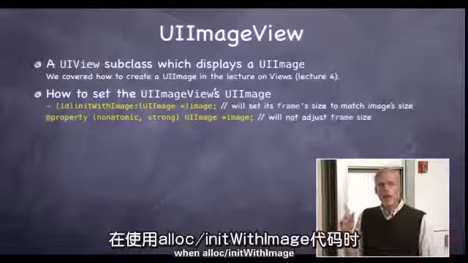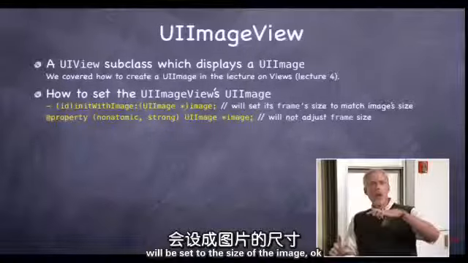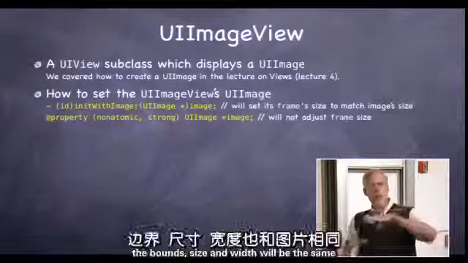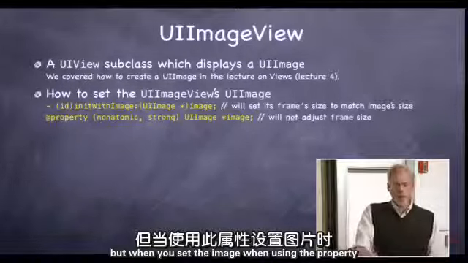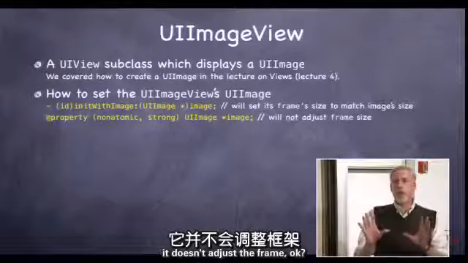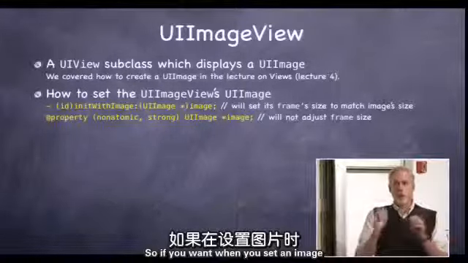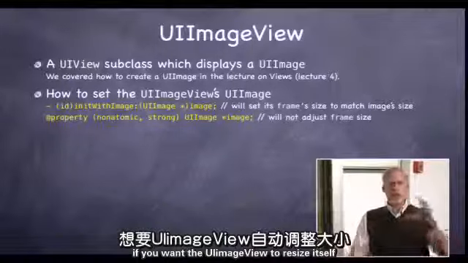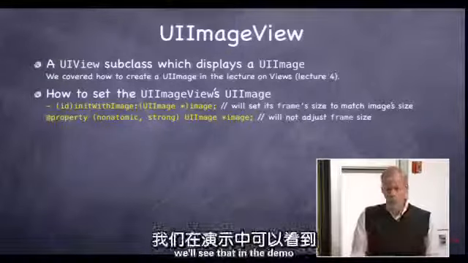When you alloc init with an image, the frame of your UIImageView will be set to the size of the image. Okay? The bounds, size, and width will be the same. But when you set the image using the property, it doesn't adjust the frame. Okay? So if you want, when you set an image, the UIImageView to resize itself to match that, you have to explicitly do it yourself. We'll see that in the demo.